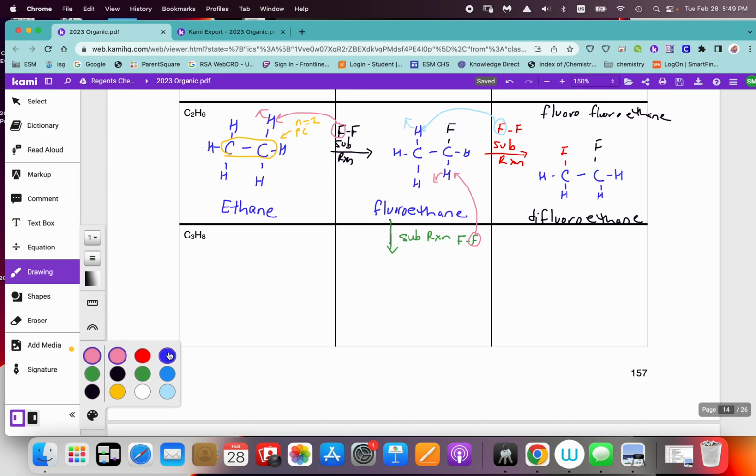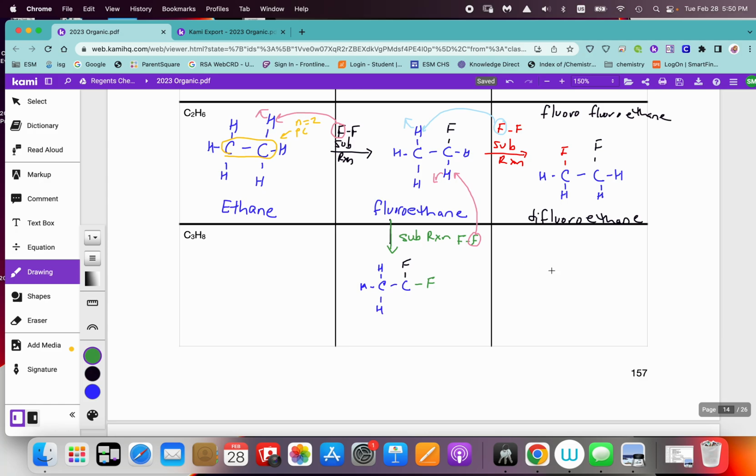So this time, what my drawing is going to look like is I still have my carbon to carbon. My first carbon still has its 3 originals, but my second carbon has the first substitution, fluorine, and now it has a second substitution.